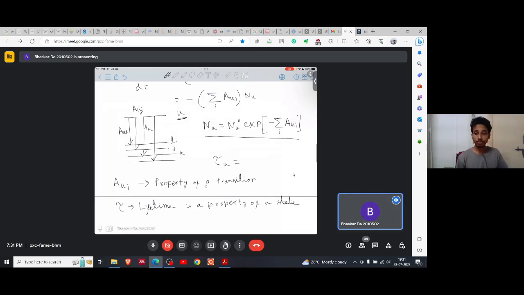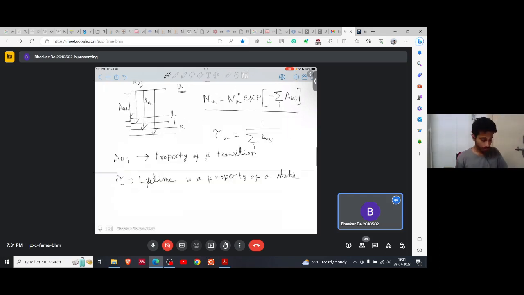So when I write tau_u, it will give us the value one over summation over i of A_ui. So it is the inverse of the summation of all the A.